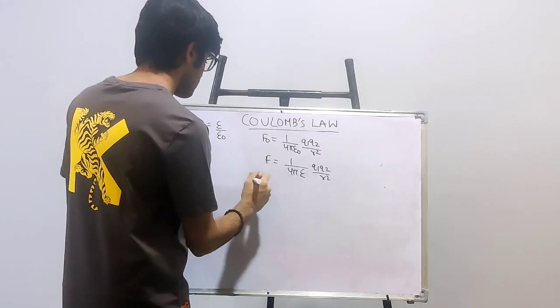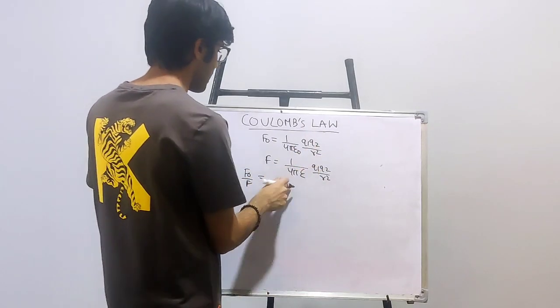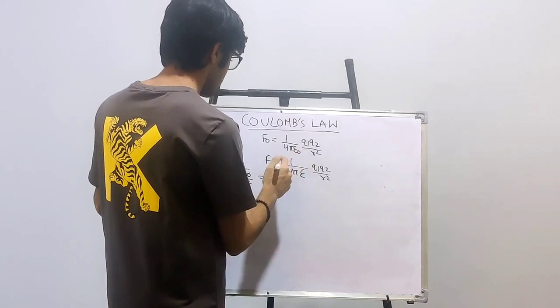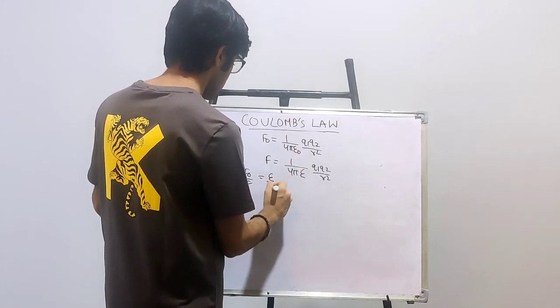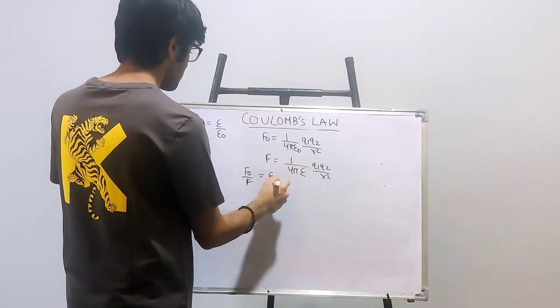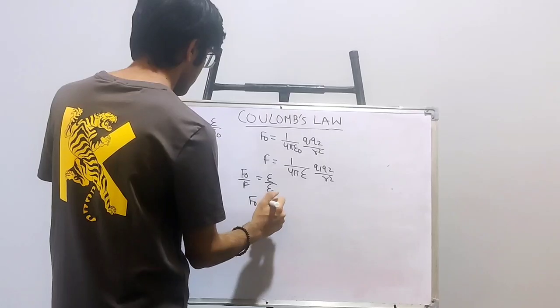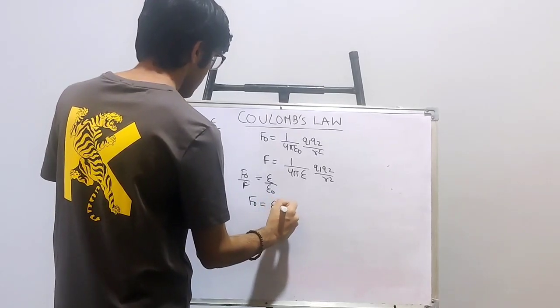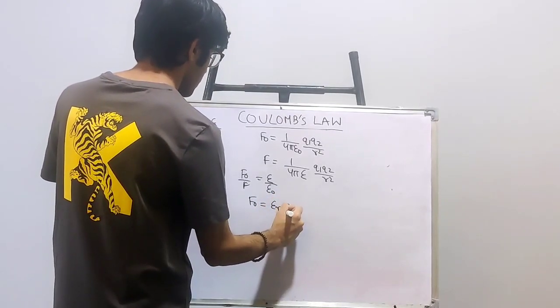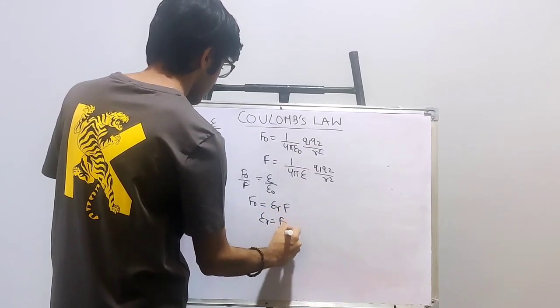Now when we divide these two equations, we get F naught over F, as this will get cancelled and then this will go up, so it will be epsilon upon epsilon naught. And epsilon upon epsilon naught is nothing but epsilon R. So F naught is equal to epsilon R times F. Epsilon R is actually F naught upon F.